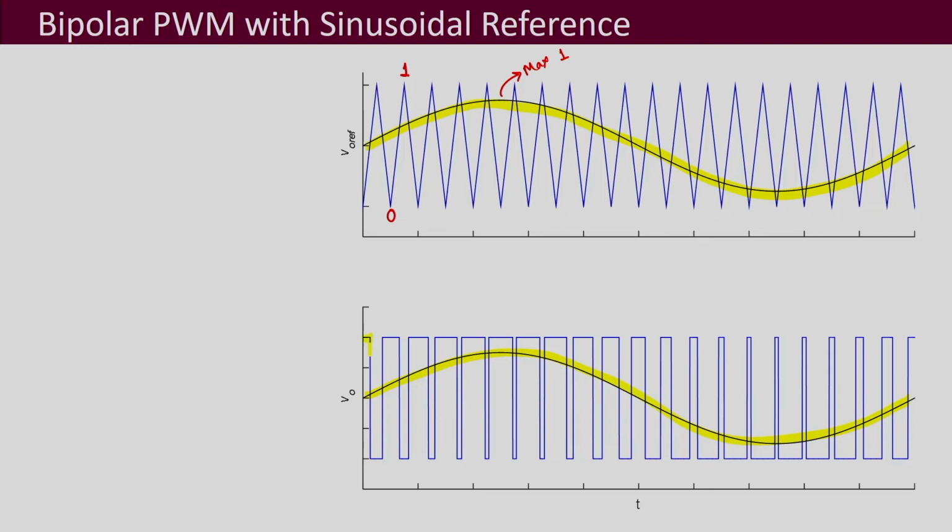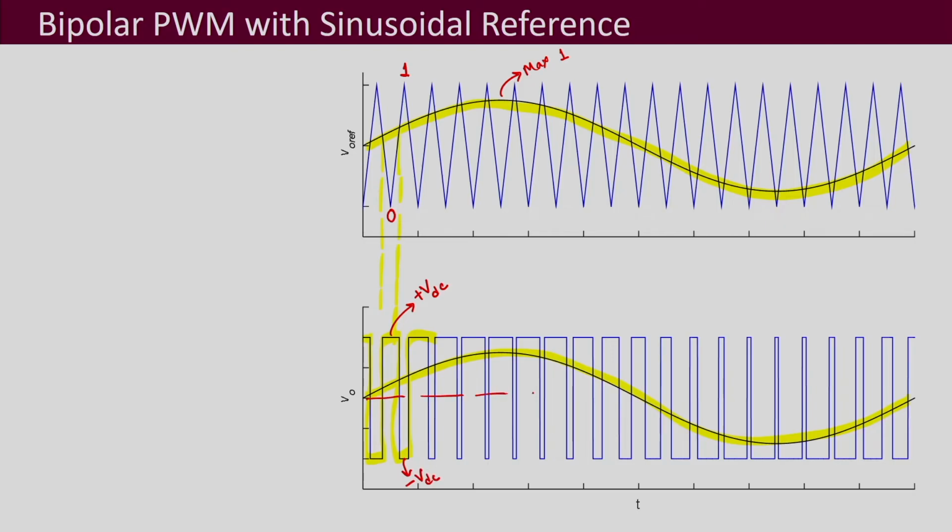So the pulses that we are seeing are what we get by doing the comparison. When we do these comparisons, whenever the reference is greater than the carrier, your output is going to be equal to plus VDC, else it is going to be equal to minus VDC.